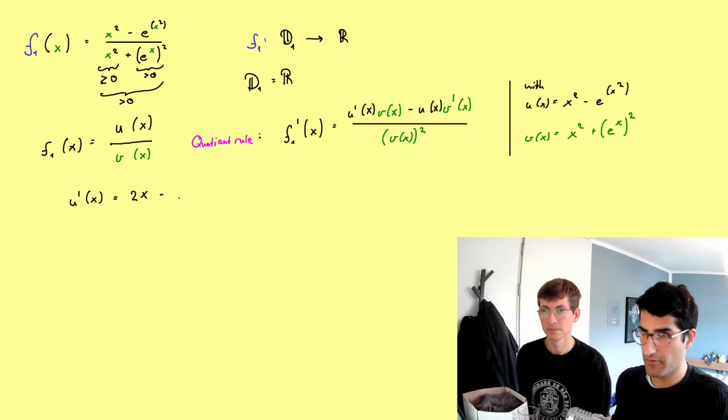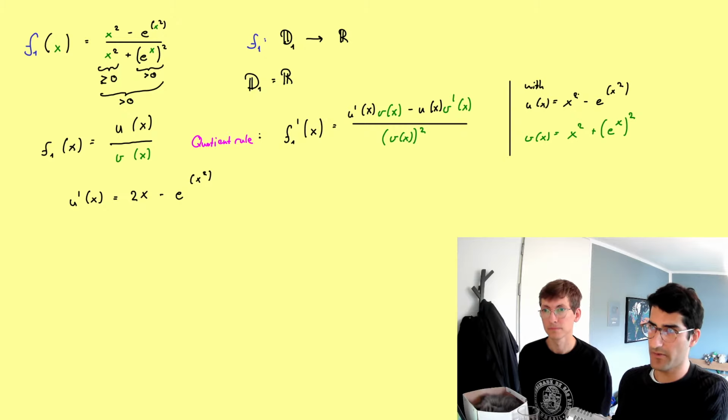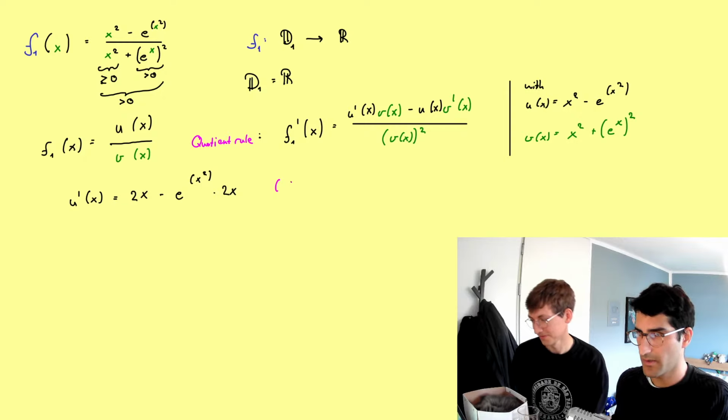The derivative of the exponential function is just the exponential function itself again, so this part stays the same. Then we multiply everything by the inner derivative. The inner function is x squared, and its derivative is 2x, so we multiply everything by 2x. I write down here in the parentheses also the rule that we use, the chain rule.